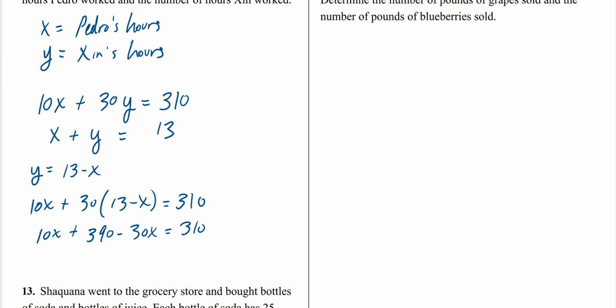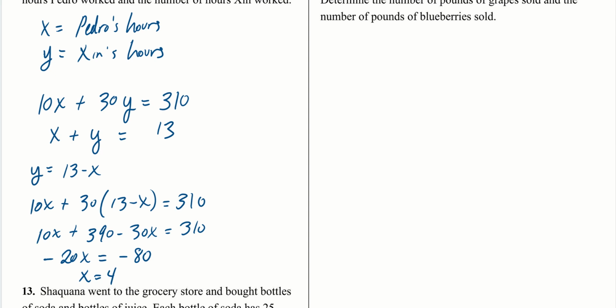We'll do some distribution. So 10x plus 30 times 13 is 390, minus 30x is equal to 310. I'll combine like terms. So I get negative 20x is equal to, if I subtract 390 on both sides, negative 80. So x is equal to 4.